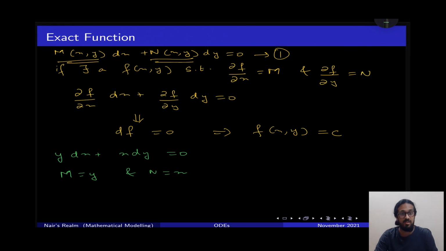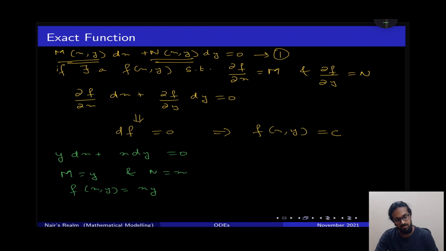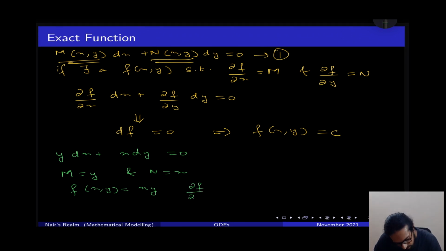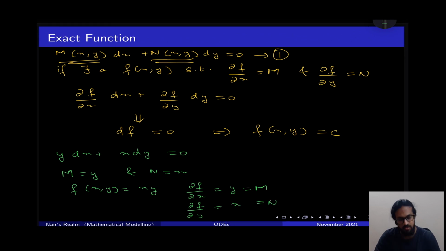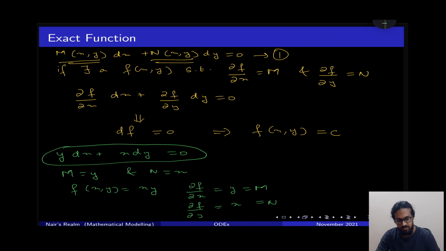So do we have any function f such that dou f by dou x is m and dou f by dou y is n? We do. That function is actually xy. If I have the function xy, then dou f by dou x is equal to y, which is equal to m, and dou f by dou y is equal to x, which is equal to n. So this differential equation is actually an exact differential equation.